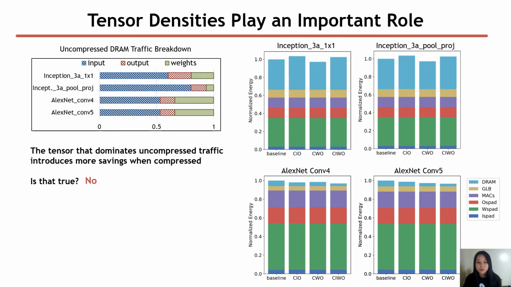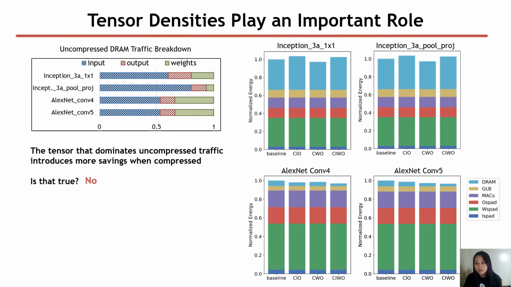The most extreme example would be layer inception 3A pool projection, which is the second in the first row, where you can see that the uncompressed DRAM traffic breakdown is very, very significant. It goes to 80% in total when things are uncompressed.